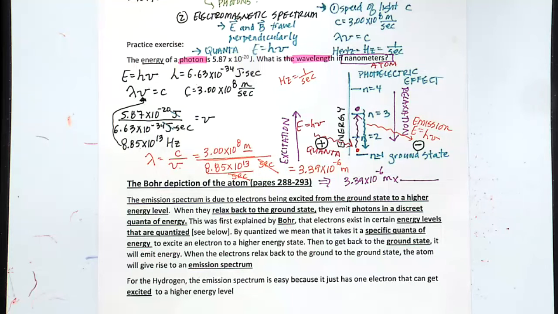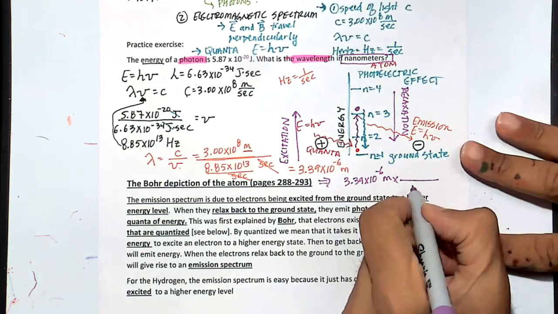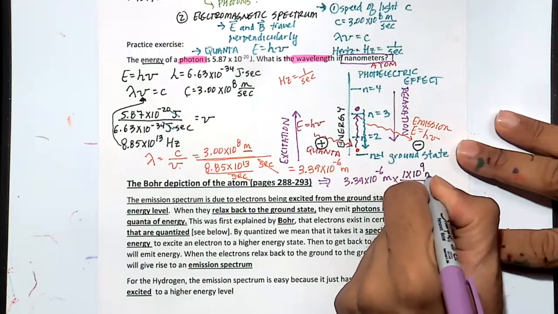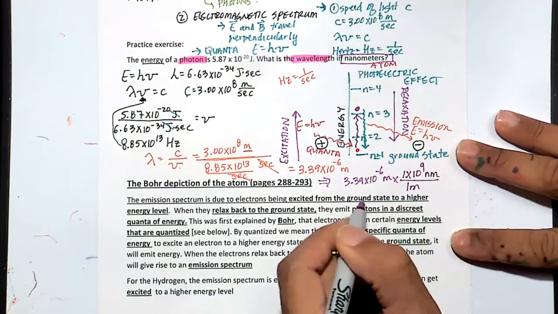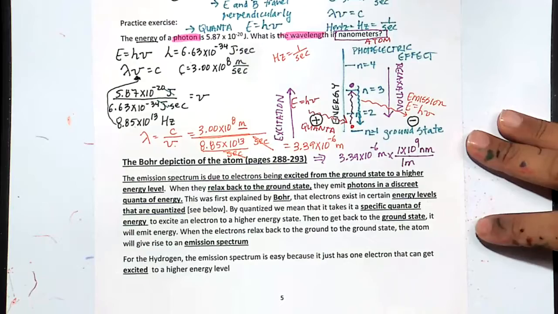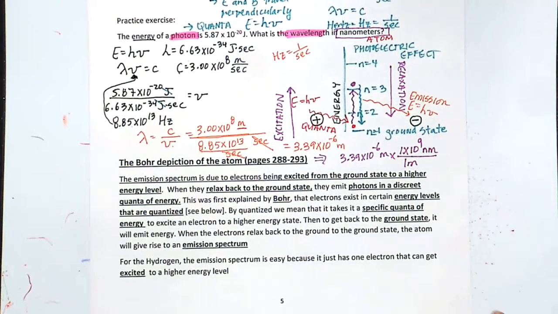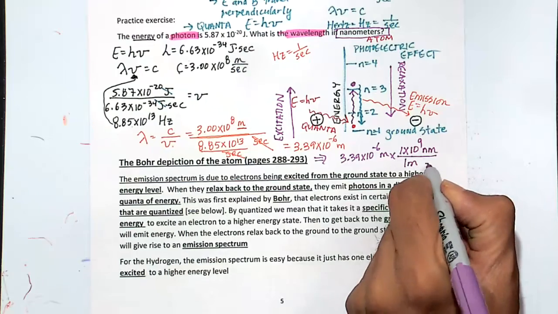Okay, there's a lot of nanometers because nano is small. A lot of nanos can fit into 1 meter. So 1 meter is 1 times 10 to the 9 nanometers. And what is that on our calculator?